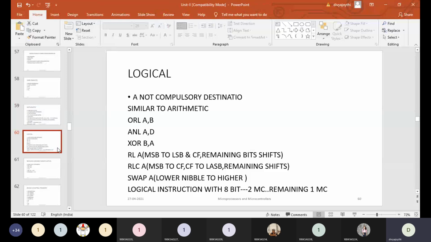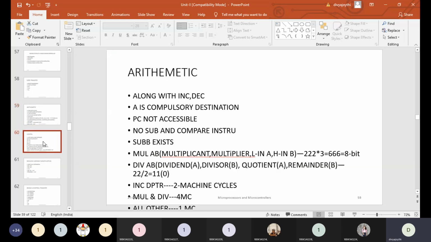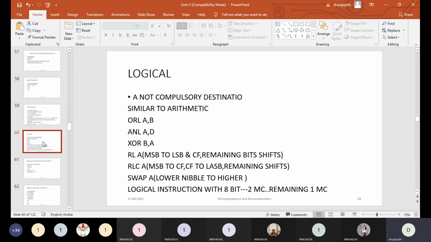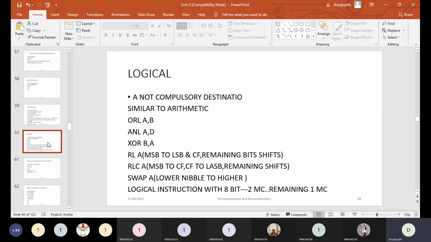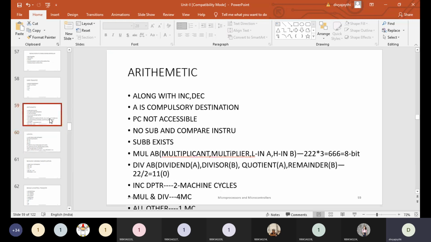And next, if we move on to the logical instructions. Here there is only one difference between the arithmetic instructions and the logical instructions. Apart from the operations being different, such as add, subtract, multiply, divide in arithmetic, the remaining things are the same.